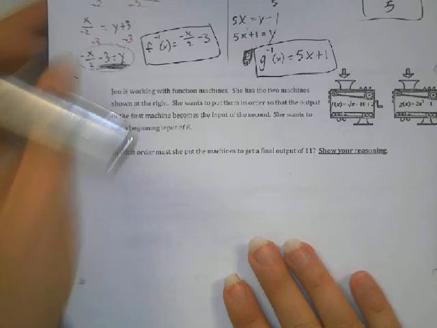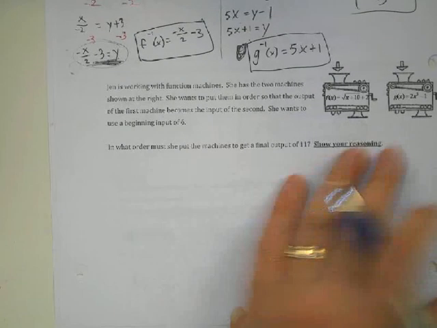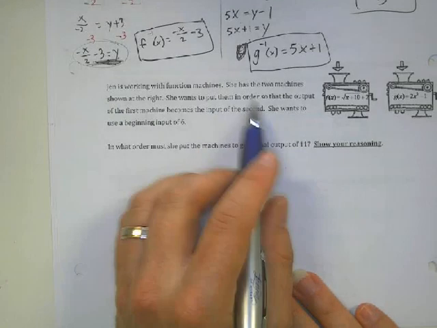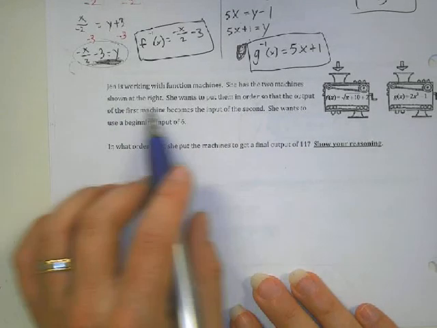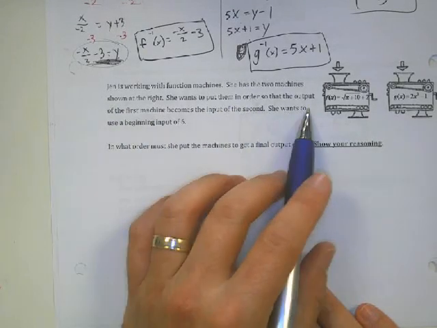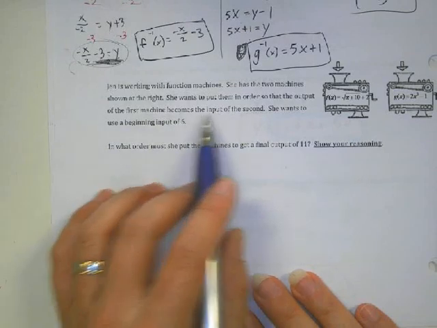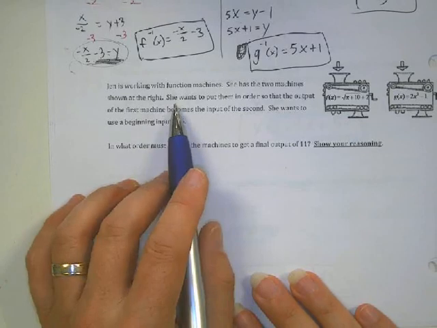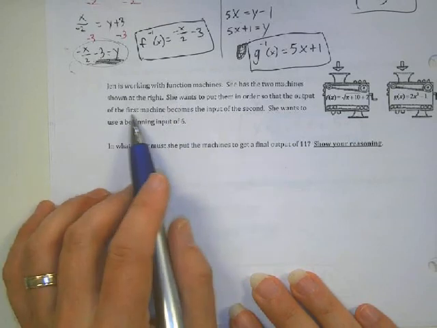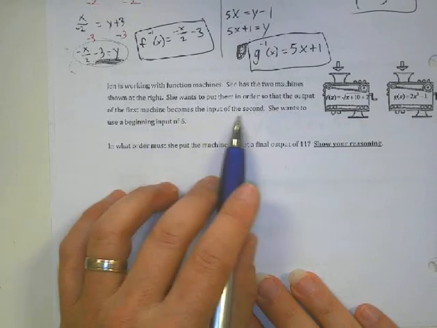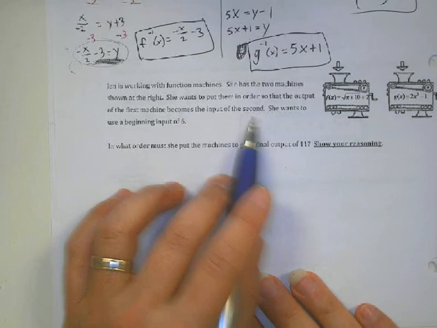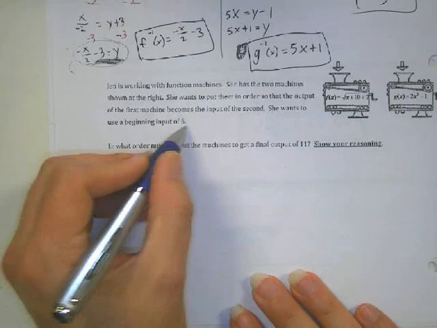And lastly, we've got this function. Jen is working with her function machine. She has 2 machines shown on the right. She wants to put them in order so that the output of the first becomes the input of the second. She wants to begin with the input of 6.